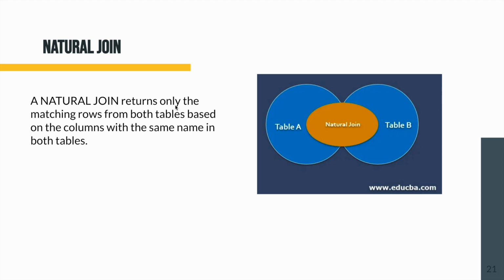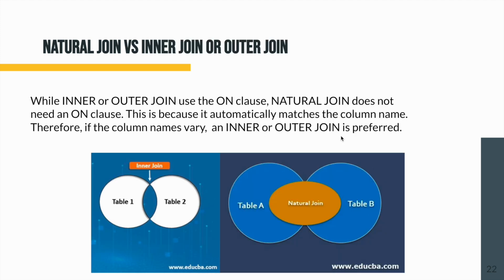So natural join returns only the matching rows from both tables based on the columns with the same name in both tables. What that means, in comparison to the inner join, is that while inner join uses the ON clause, where we say we want any value here, the natural join doesn't need the ON clause because it relies on the column names being written exactly the same way, same grammar, same everything.